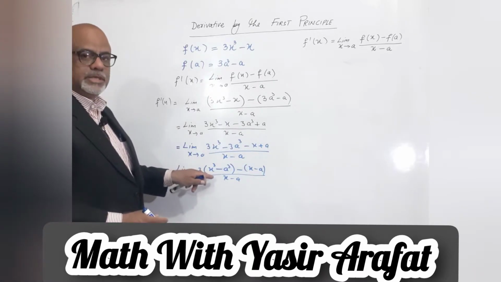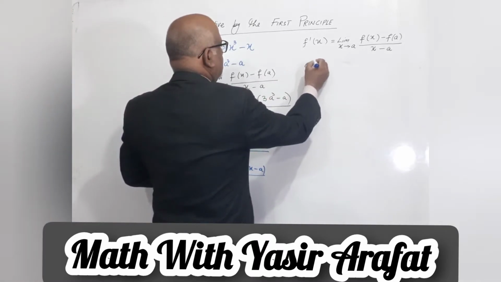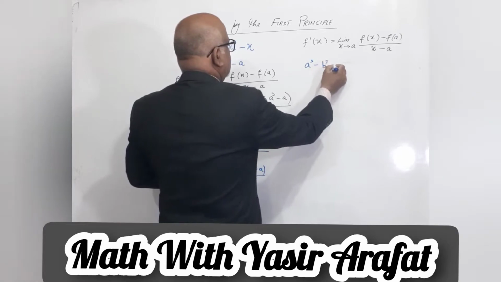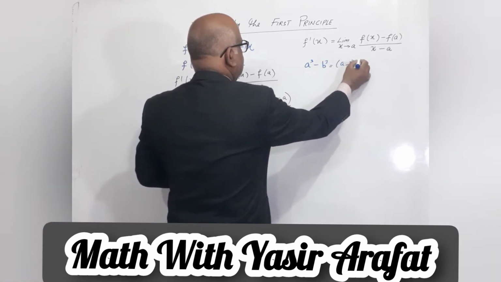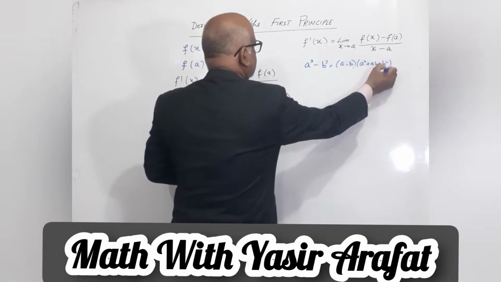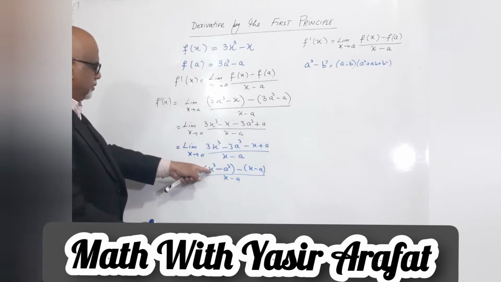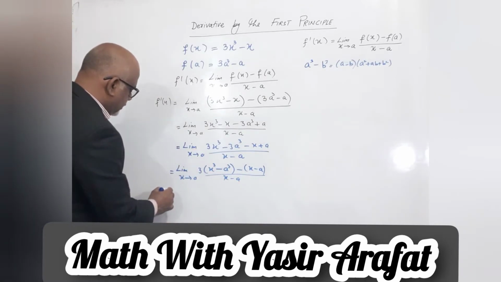Here we have to use the a cube minus b cube formula, that is a cube minus b cube equals a minus b, a square plus ab plus b square. So we have to use this formula on this x cube minus a cube.